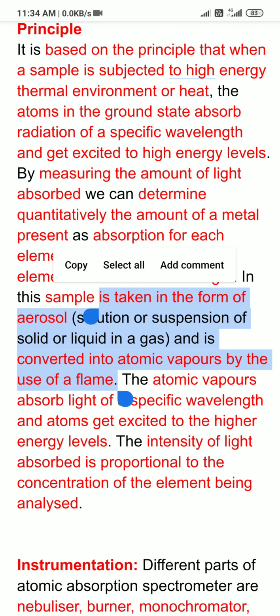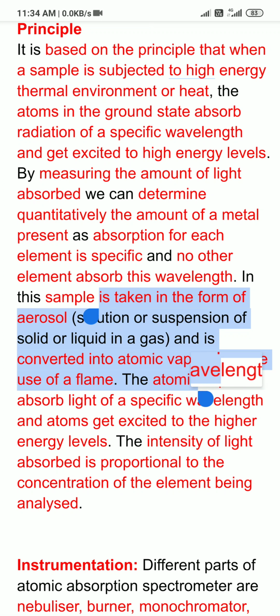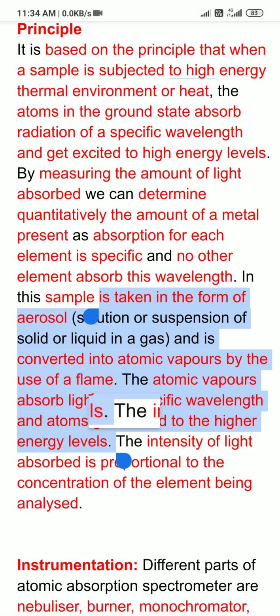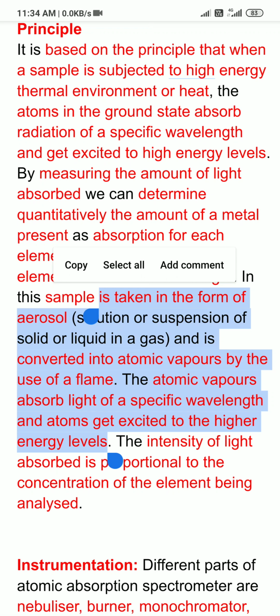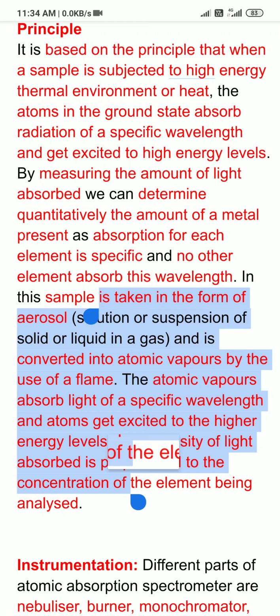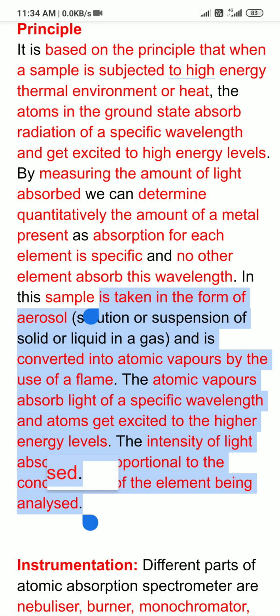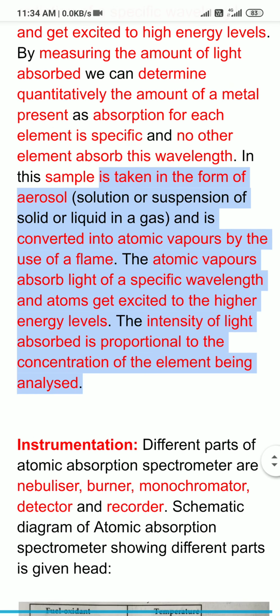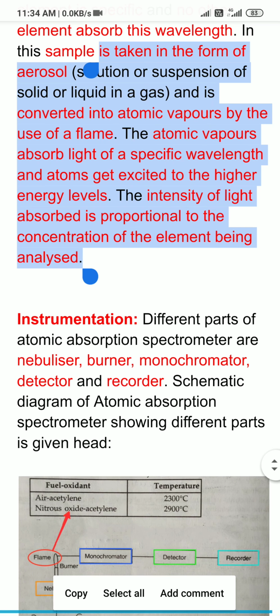Atomic vapors means vapors of atoms. The atomic vapors absorb light of a specific wavelength and atoms get excited to higher energy levels. Then the intensity of light absorbed by the sample is proportional to the concentration of the element being analyzed. So this is the principle of atomic absorption spectroscopy.